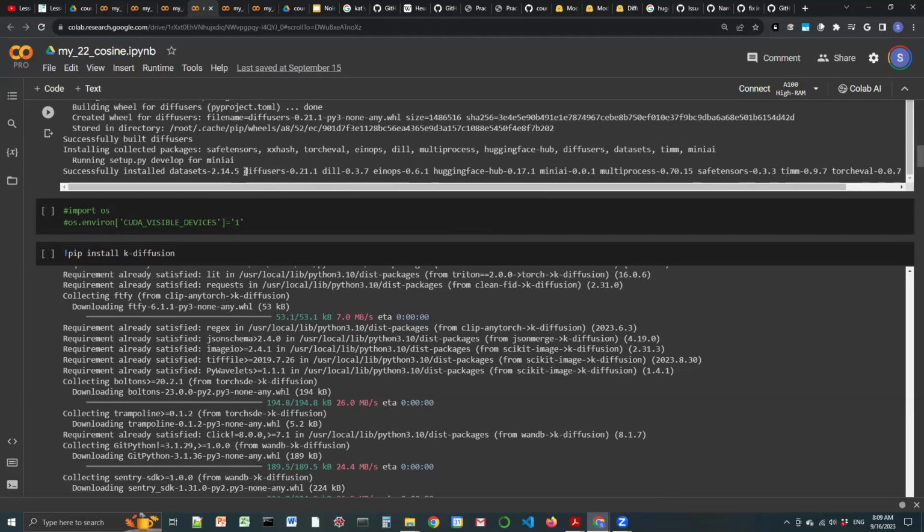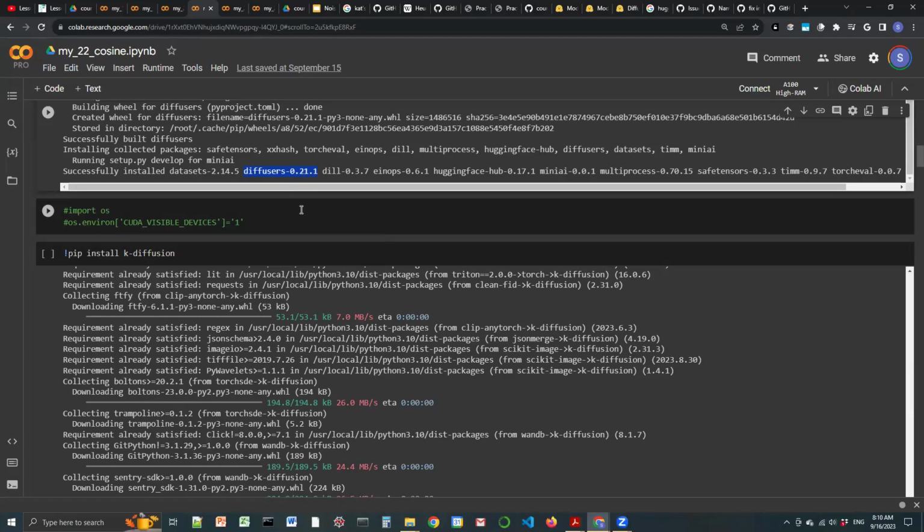But the issue is when you install Mini AI, it automatically installs diffusers, and the diffusers library is version 0.21.1. I don't know whether that has changed recently, but something has changed in the Hugging Face diffusers. Yeah, recently the diffusers library was updated.